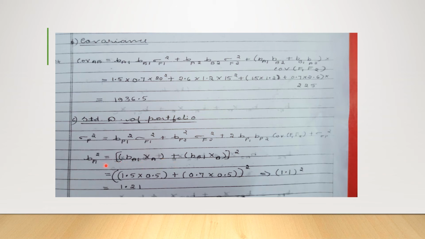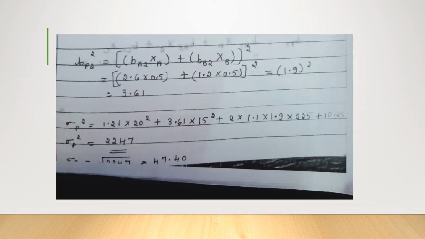So for that you find BP1 square and BP2 square: the proportions into the factor sensitivity of that security. So BA1 into XA, that is for security A, and B1 into XB, that is for security B. If you calculate this, you are going to get 1.21.